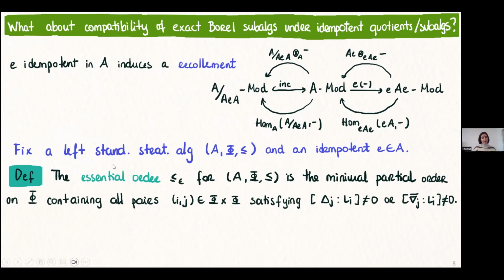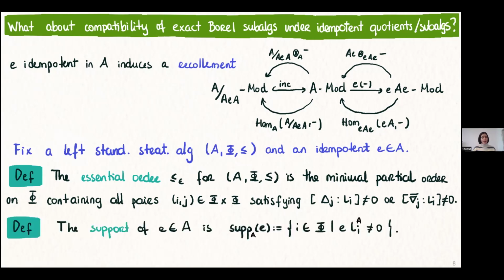We'll define the essential order for the algebra A as the minimal partial order on Phi containing all pairs (i,j) such that either L_i is a composition factor of Delta_j or L_i is a composition factor of Nabla_j bar. We'll define the support of the idempotent E in A as the set of all elements i in Phi such that E times L_i is non-zero.